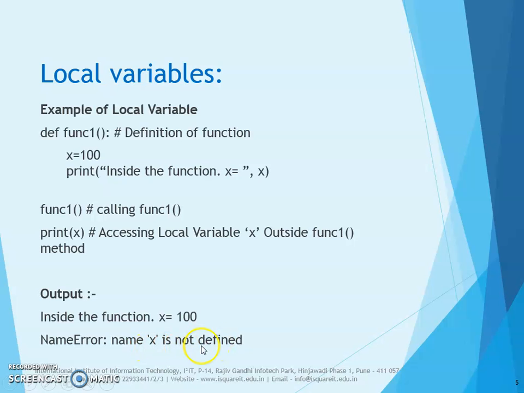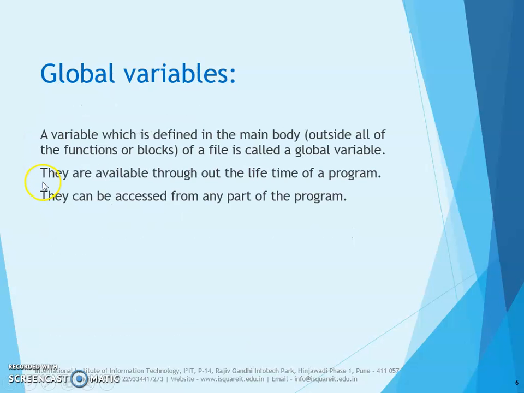That is, variable x is not defined. Why? Because x is declared inside the block of a function, that is, the body of this function. As x is defined inside this function, we cannot access this variable outside this definition. This is called a local variable. This x is a local variable. It is only accessible within this function.